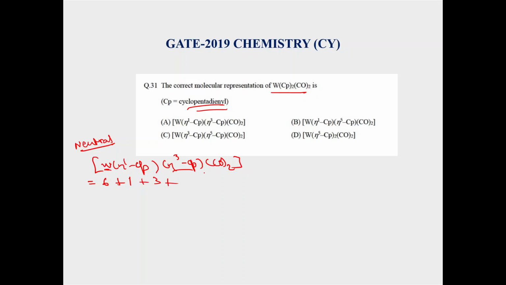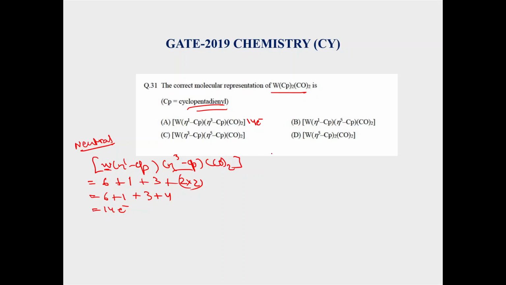Carbonyl is a 2 electron donor, and there are 2 carbonyl ligands present. So it will be 6 plus 1 plus 3 plus 4, that is a 14 electron system. So option A is a 14 electron system.